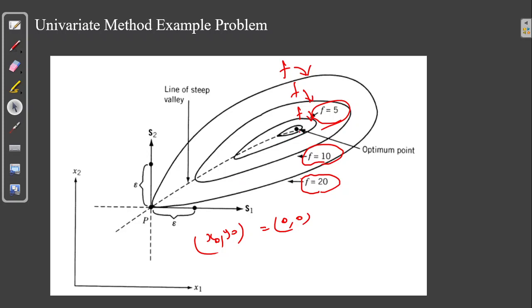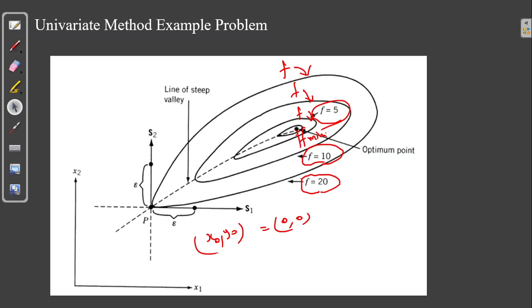And finally we got the optimum point here. So this is the optimum point, meaning this is the f minimum value, and the corresponding values of the variables will be like this.